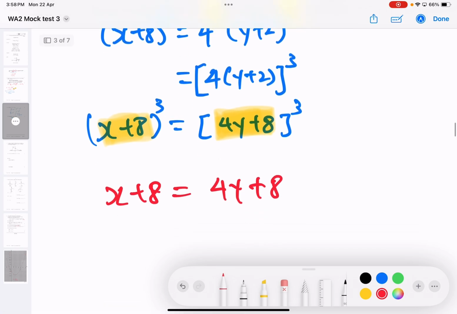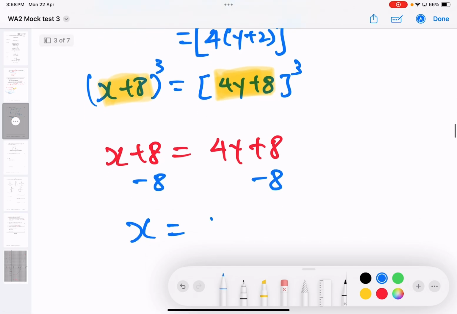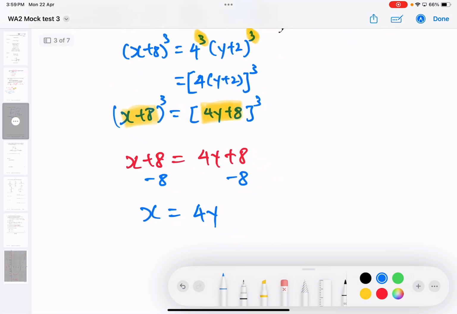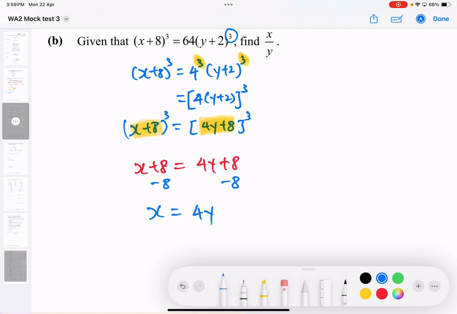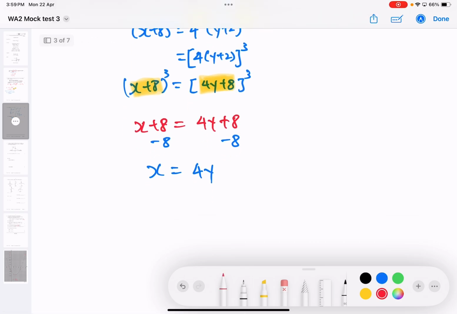And since I have an 8 on both sides, I can conveniently minus 8 on both sides. I'm going to get x is equals to 4y. So if x is equals to 4y, what is x divided by y? Divide both sides by y. X over y is equals to 4. Okay, so this is how we do this question.